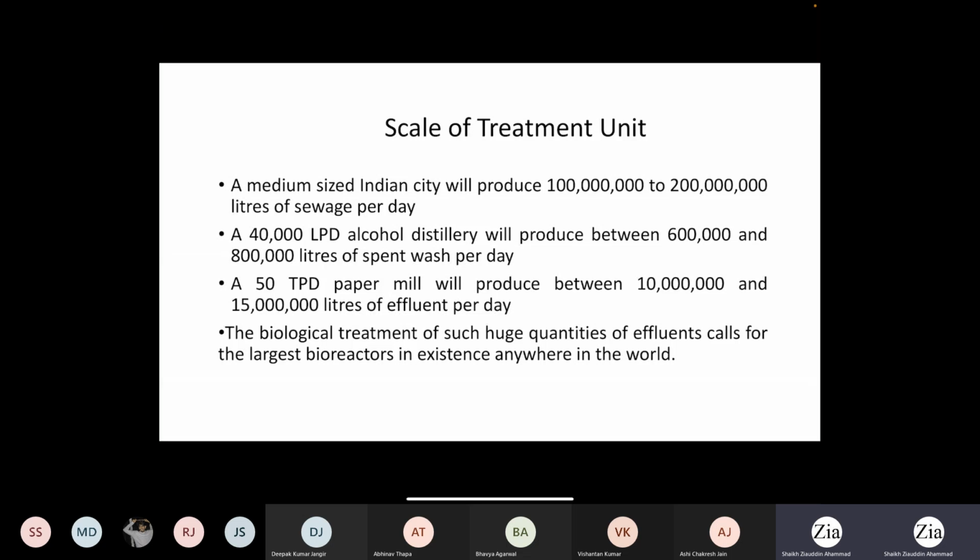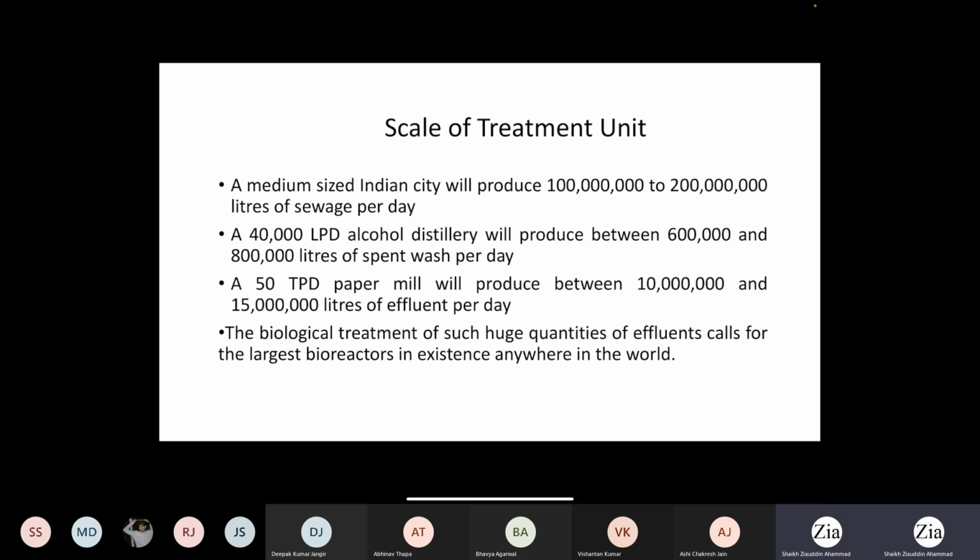Now you can see here, sewage treatment plants are actually dealing with a huge volume of water. Similarly, an alcohol distillery also produces a certain amount of wastewater. So these are industries where you can get a huge volume of wastewater.